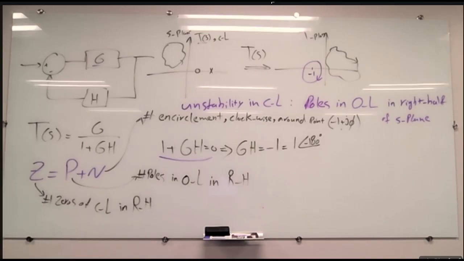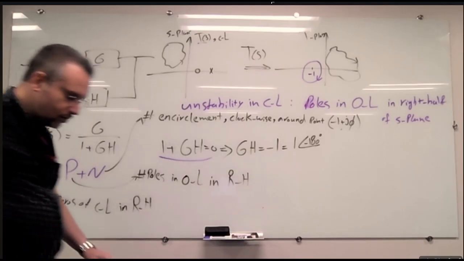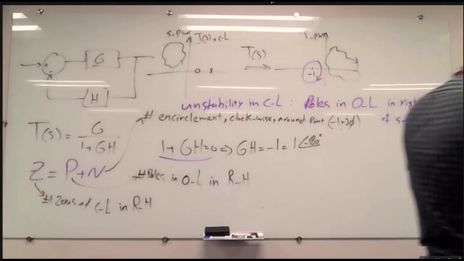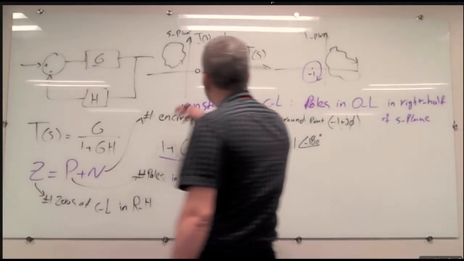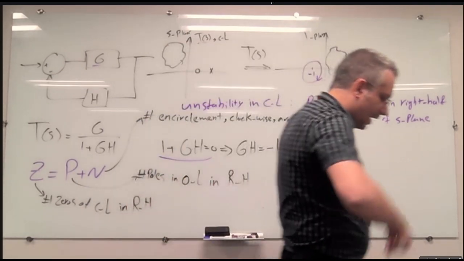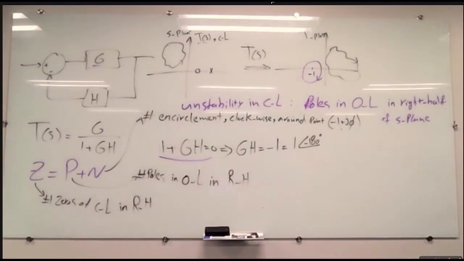Now, we said we want to map the poles and zeros of our open loop system, using the transfer function, into another map, which we call the T-plane.